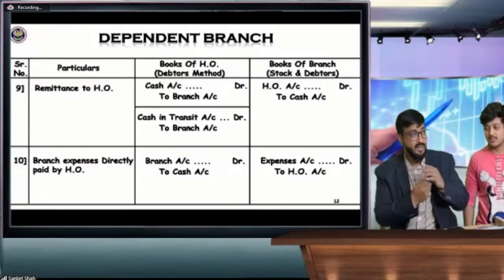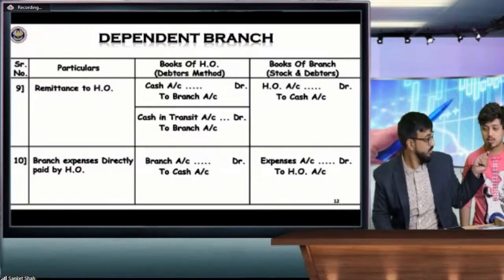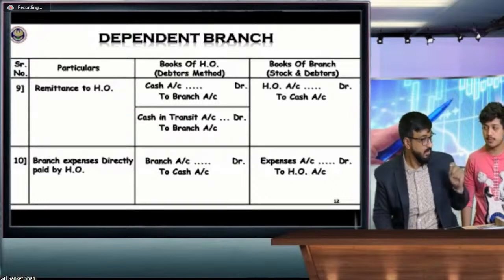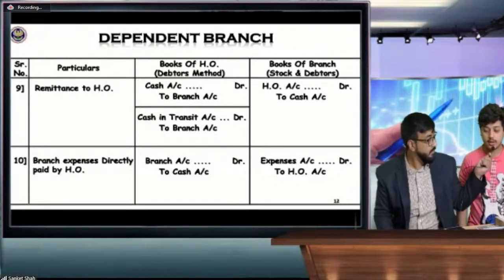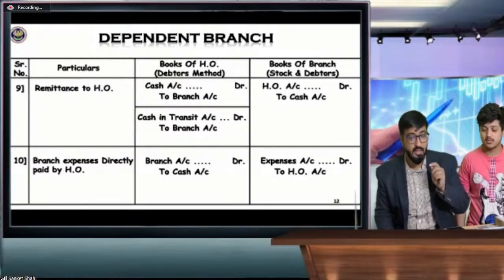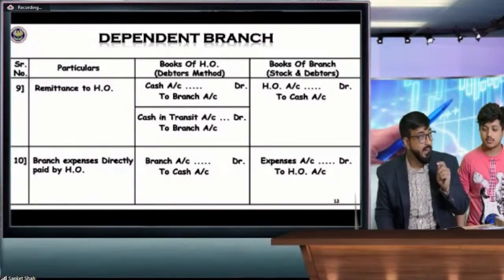Bad debts. Bad debts will come only in branch books. Only in branch books, bad debts to debtors, and in HO, no entry. Second one, branch expenses paid by HO.